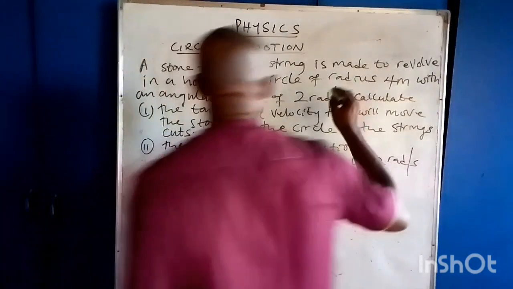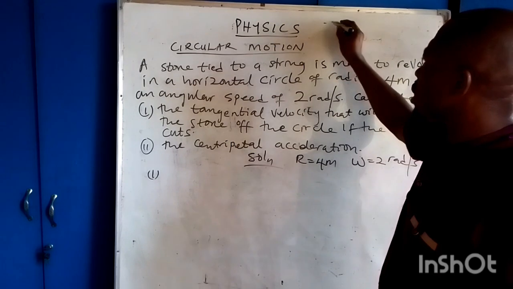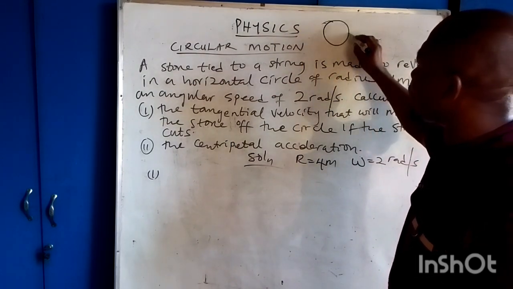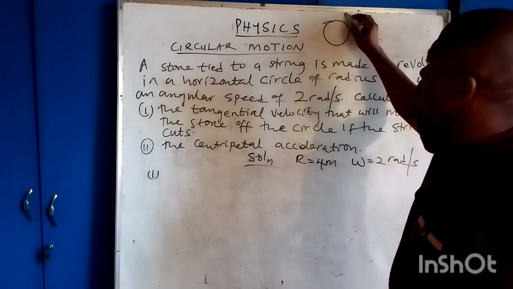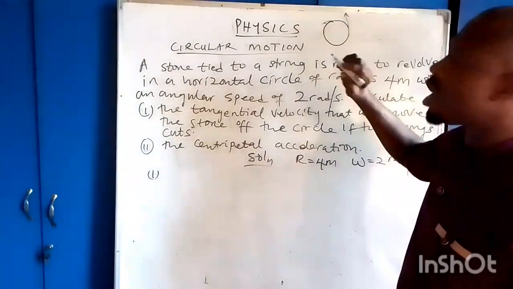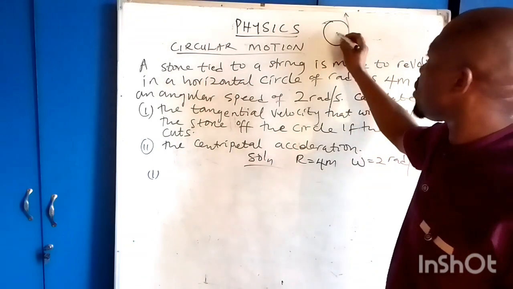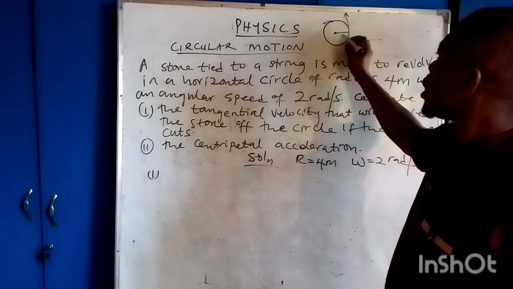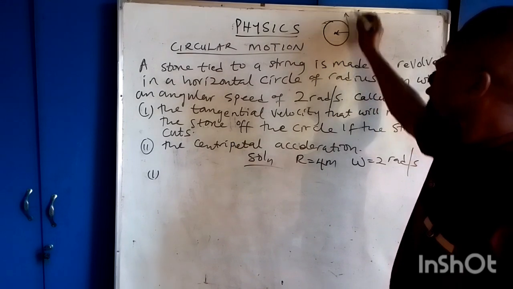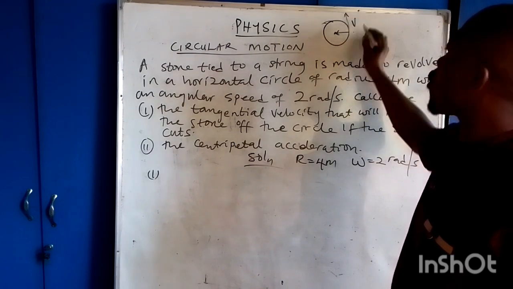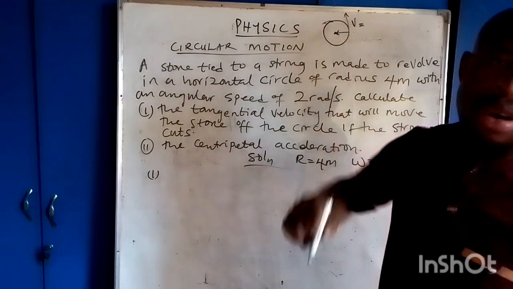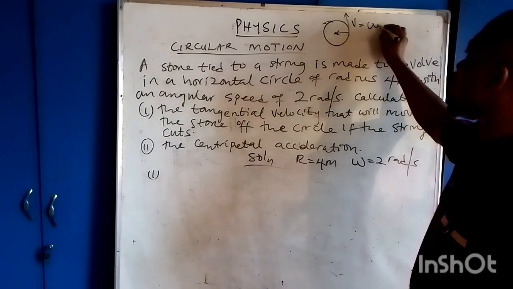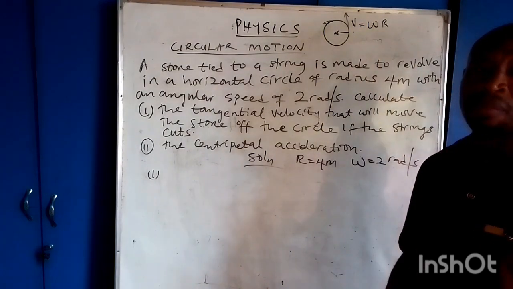Now assuming this is the path the stone is moving. Now if the string cuts, the speed is tangent. This is a tangent, and of course this is the radius here. The tangent here is v, and because it is moving along a circle, v here will give us omega r.